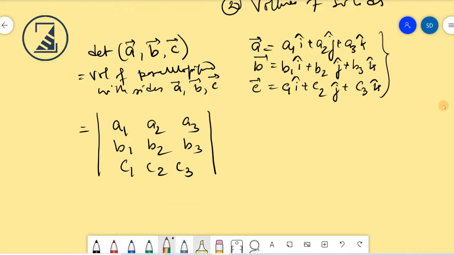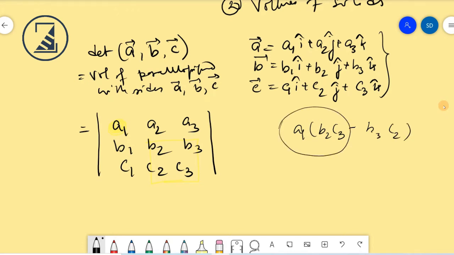If we expand it from A, we will write down A1 multiplied by B2C3 minus B3C2. If you see the individual term, this is coming to be in length cube. So this must represent volume. So that is why I am saying that this is the volume of the parallelepiped.